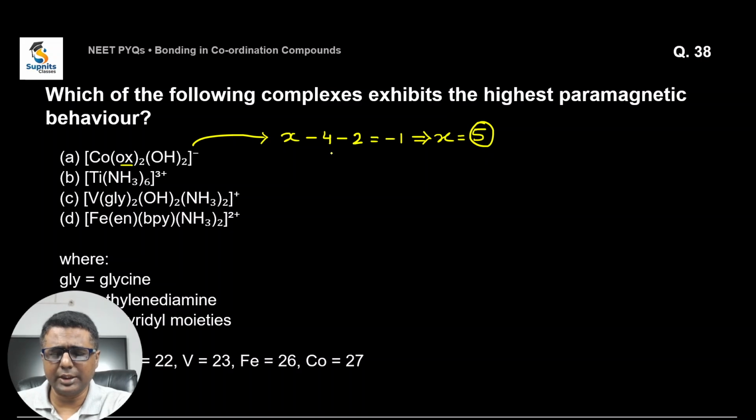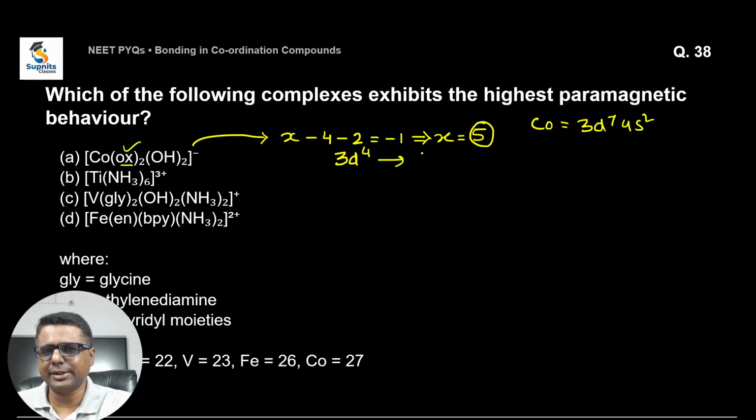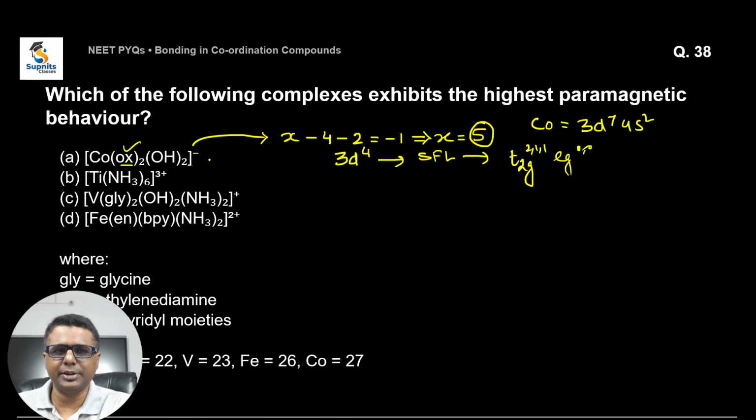So anyways, I think something is wrong over here, but we have to do it like this. So cobalt is basically 3d7 4s2. From here if you take 5 electrons, then this will be 3d4, and oxalate is an SFL, so this will be t2g 2 1 1, eg should be 0 0. So yes, this is paramagnetic where n is equal to 2.